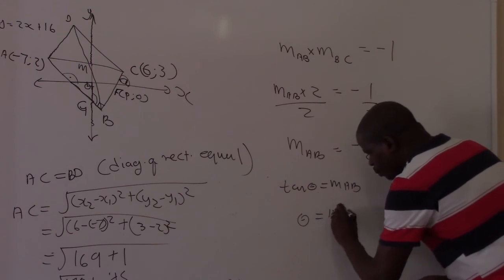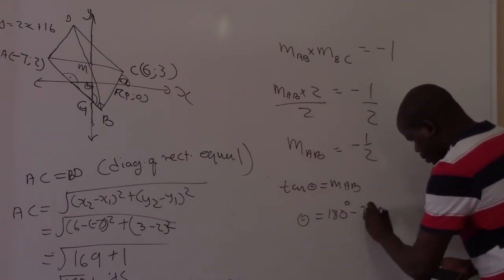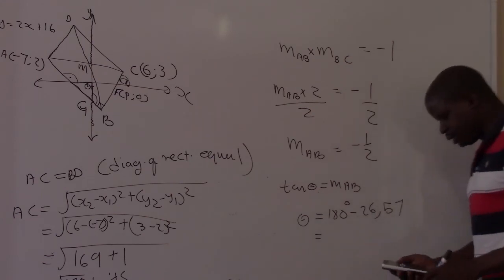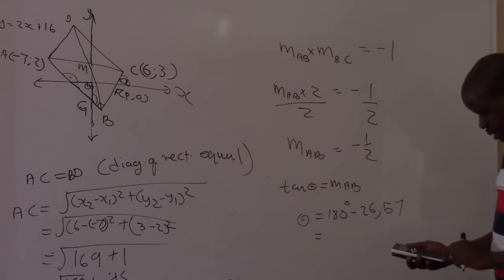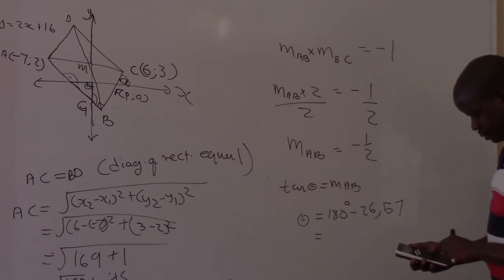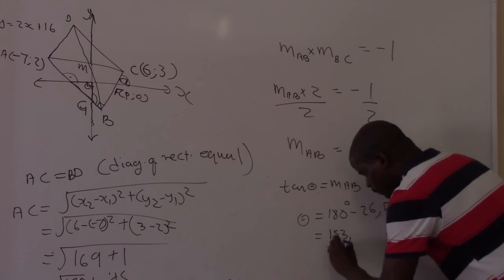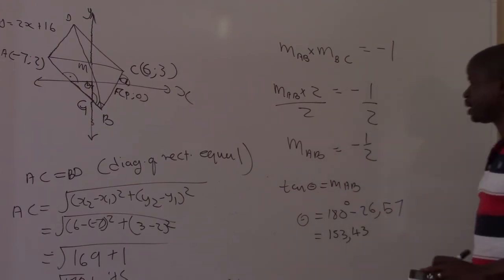We say 180 minus 26.57, which gives us 153.43.